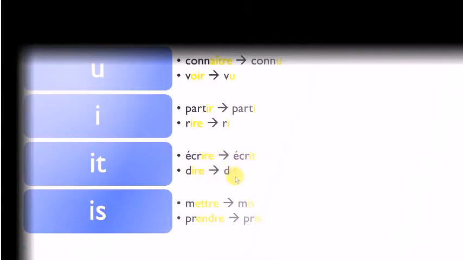Dire, to say, dit. Getting tired. And then IS, mettre will become mis. Mettre means to put. Prendre, to take, will become pris. Okay? So here you've got the past participles, les participes passés, of these verbs here, okay?